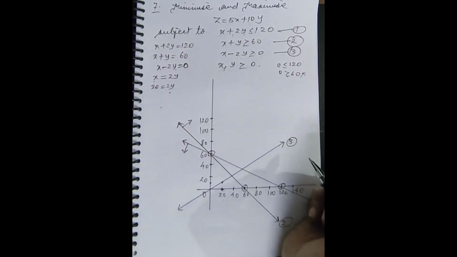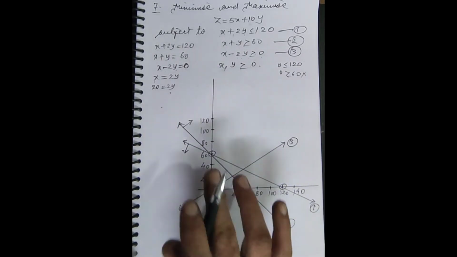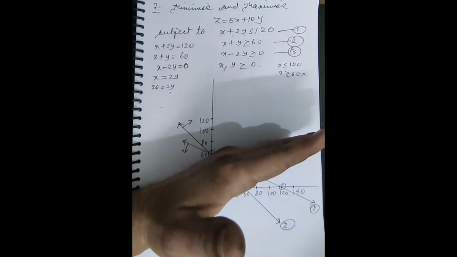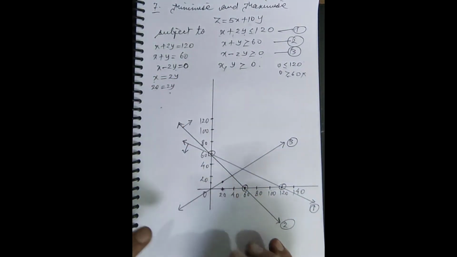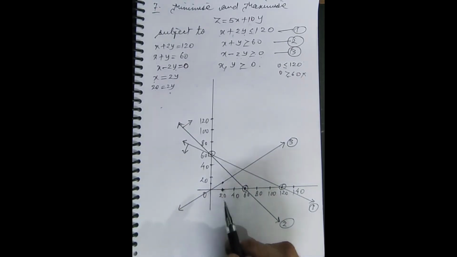Now as it is passing through the origin, this is the third one. For shading we cannot take the help of the origin, as the origin is lying on this line. So we have to take a point on an axis. This divides one side x-axis points, other side y-axis points. So we can take (20, 0), a point on the x-axis. Let's check whether we have to shade towards the x-axis or opposite.